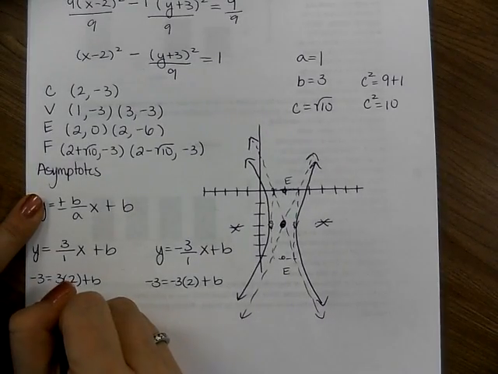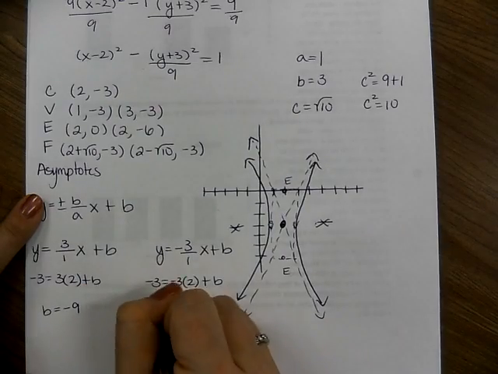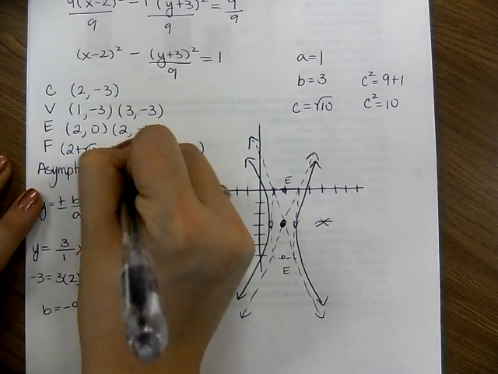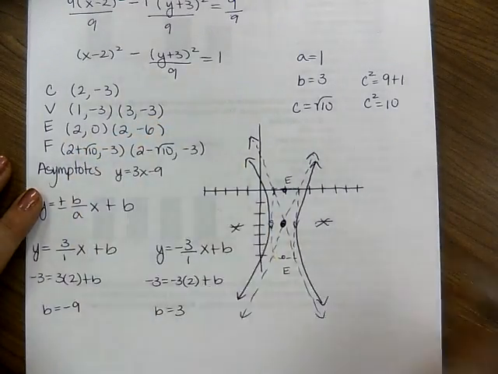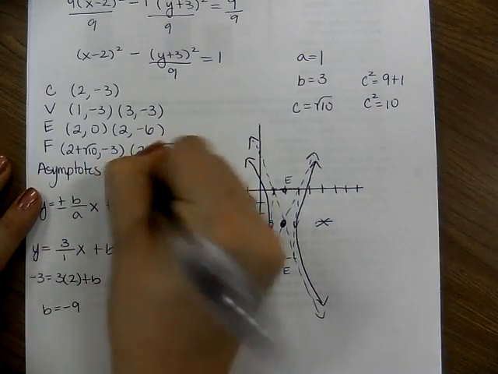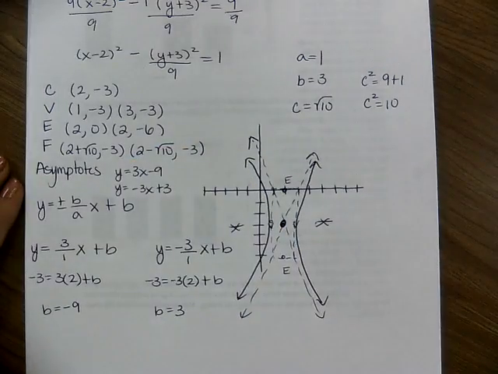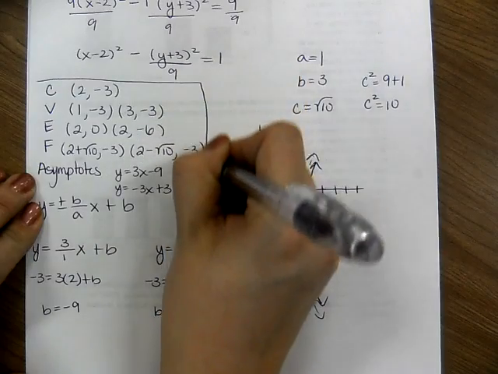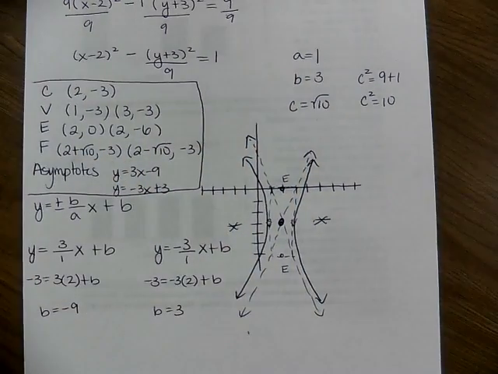So here b is, what, a negative 9? And b is 3 here. So that's going to put our asymptotes at y equals 3x minus 9 and y equals negative 3x plus 3. So this is everything this question asked for.